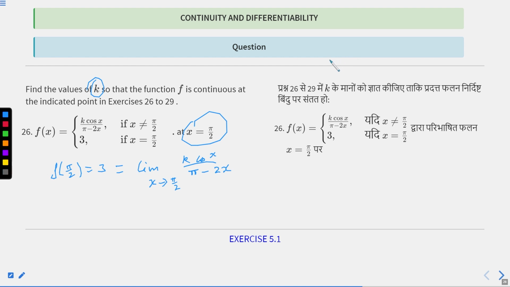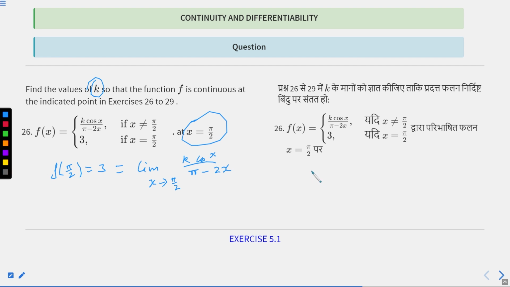Now what we have to do is somehow make our denominator in such a way that it will not vanish easily. Clear? If you somehow manipulate your terms, like what? So let me just think. It is quite simple.